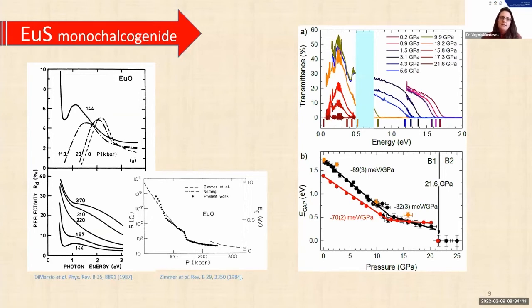The reason for these electronic anomalies in europium monochalcogenides is an electronic transition from semiconductor to half metal. However, the basic physics behind this electronic transition is still unknown.